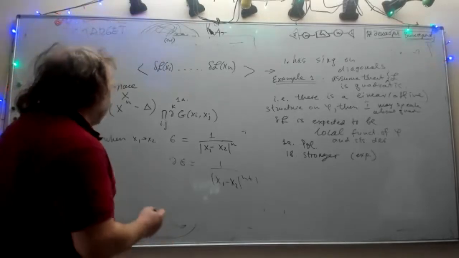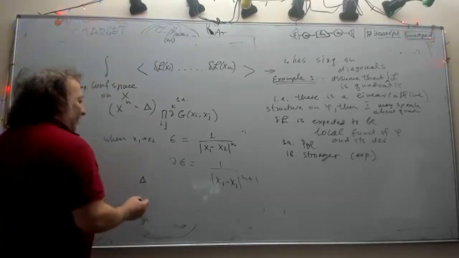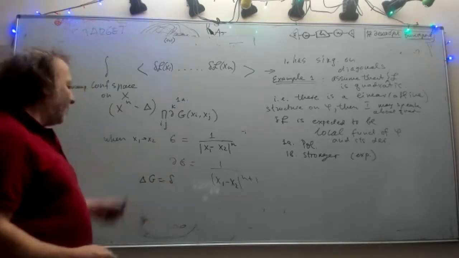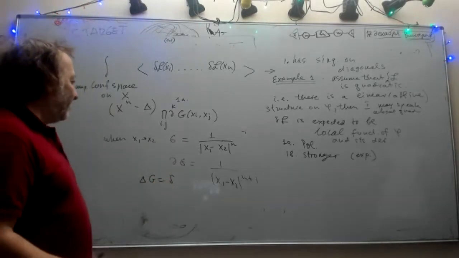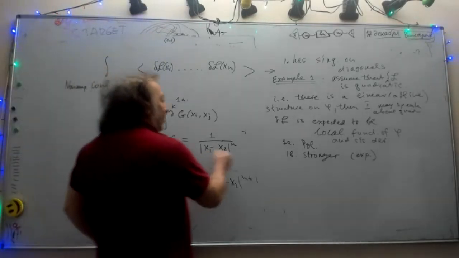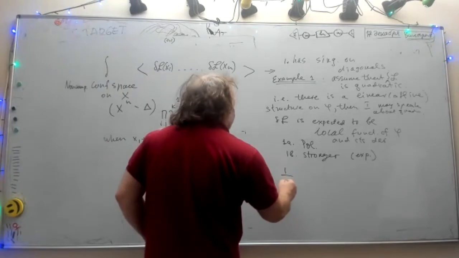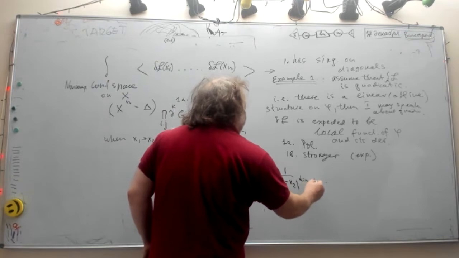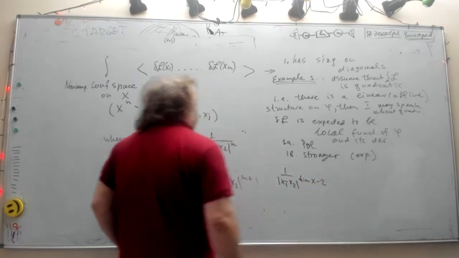So basically, the Green function satisfies this equation. What you have here is basically, for scalar fields, x1 minus x2 to the power of the dimension of the space X minus 2.